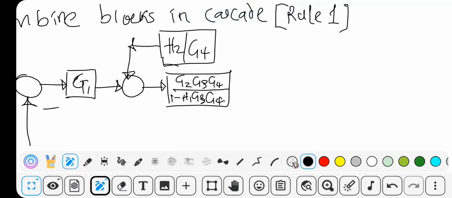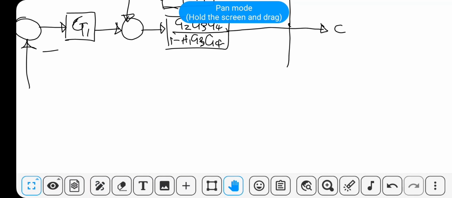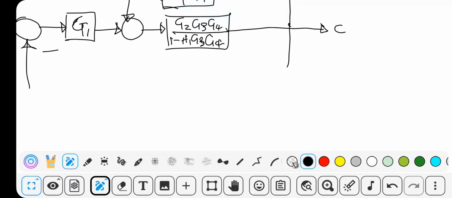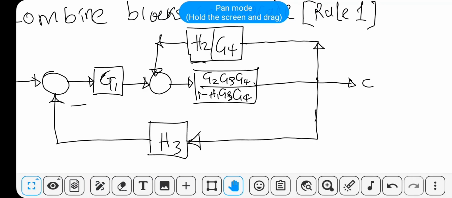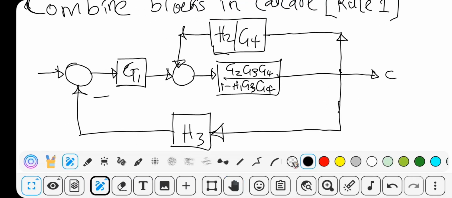The next thing, C, so completing the diagram, H3, this is what you have. This is the input.